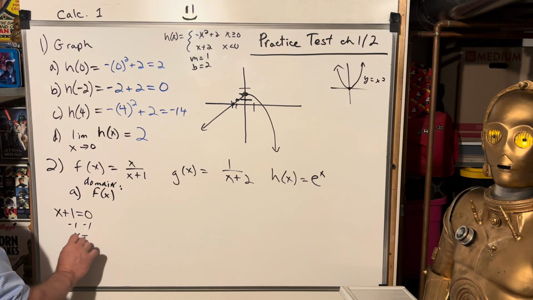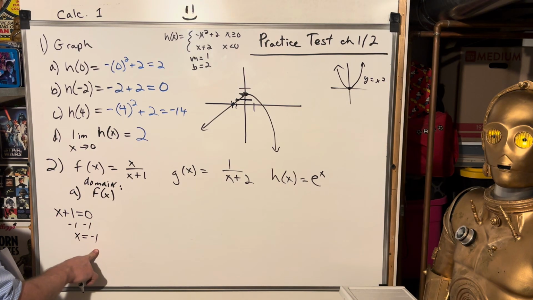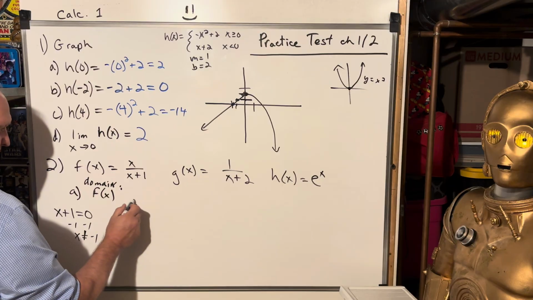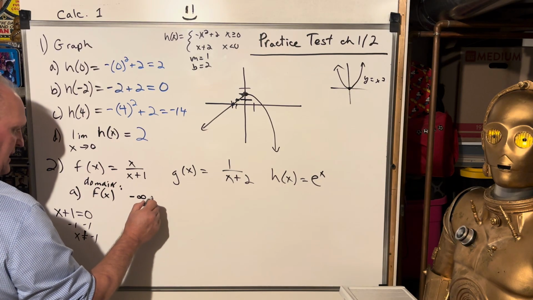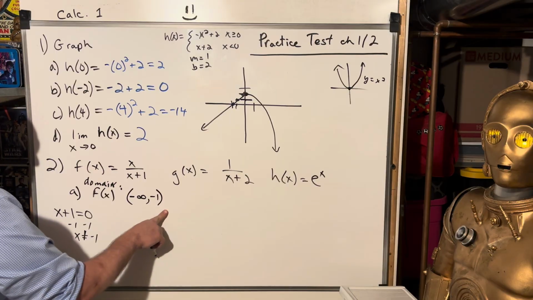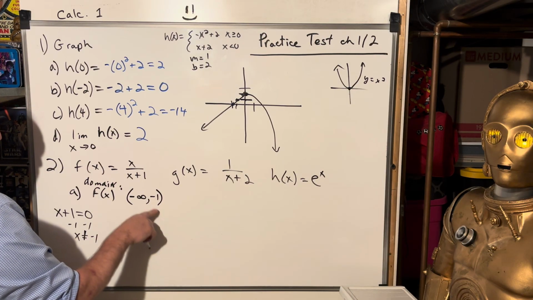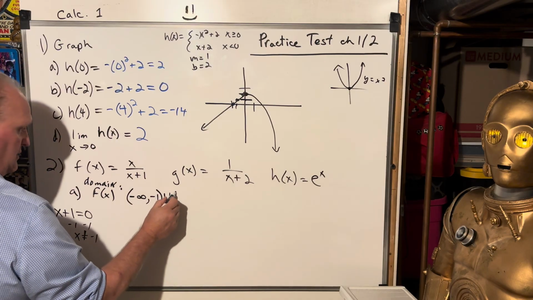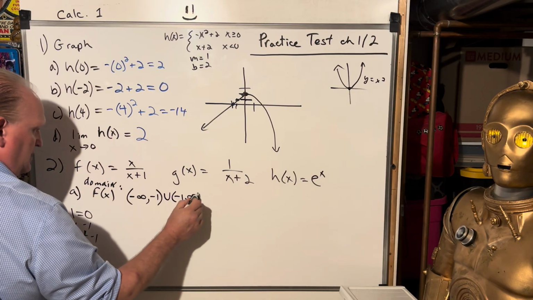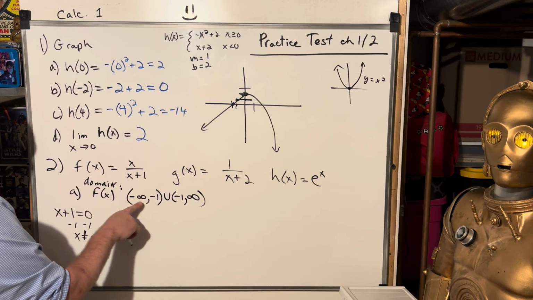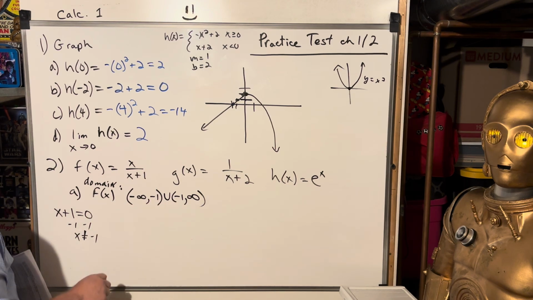And so x equals negative 1 is something you can't have. Negative 1 gets you 0 on the bottom. So when we talk about the domain, that would be negative infinity to negative 1, not inclusive. You would use parentheses, not brackets. A bracket means it includes it, a parenthesis means it excludes it, in union with negative 1 to infinity. So everything else is okay for the domain, but not negative 1.